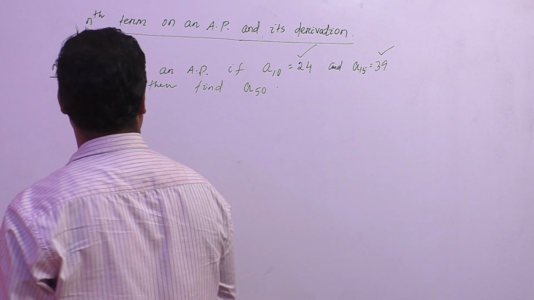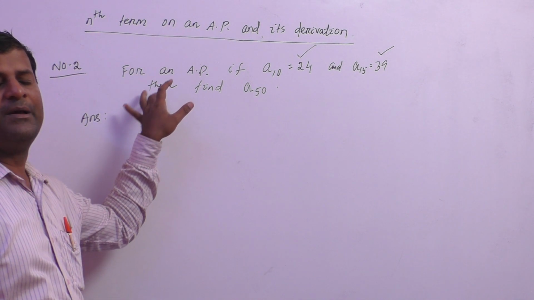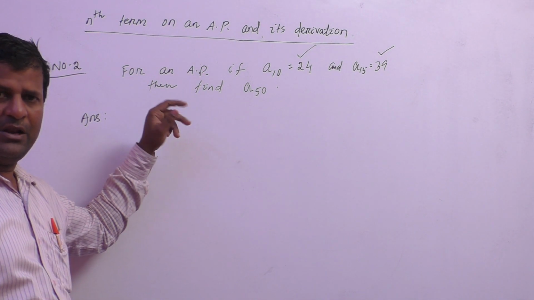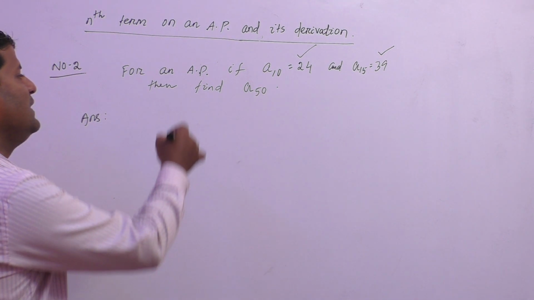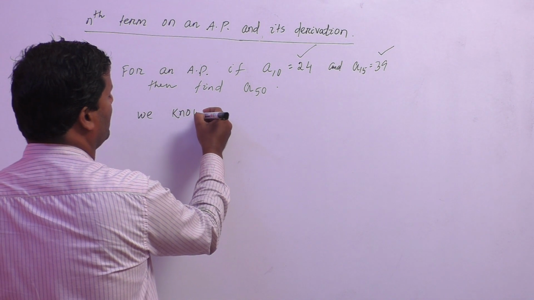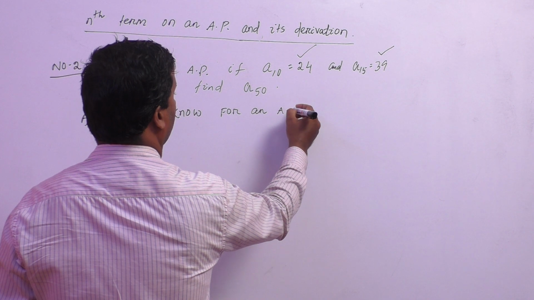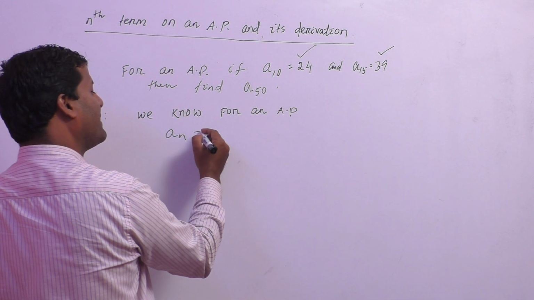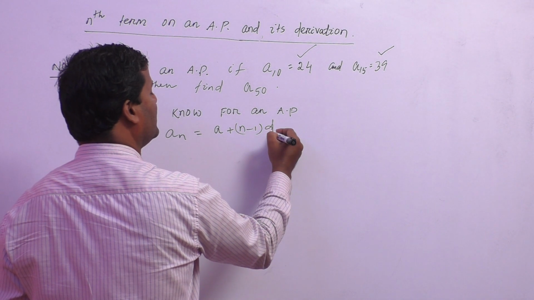So listen, while solving some of the problems of AP, we may take the help of a pair of linear equations in two variables or quadratic equation as per the requirement. Here we know for an AP, the nth term is a plus n minus 1 into d.